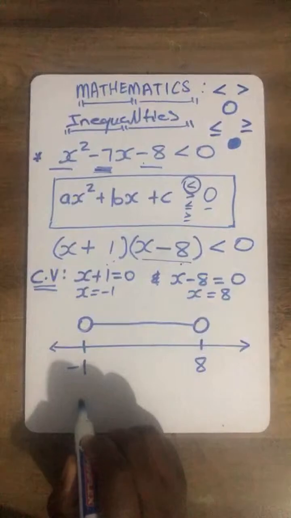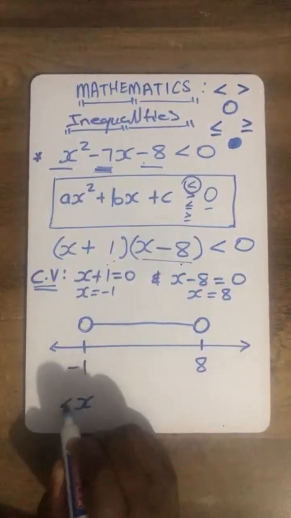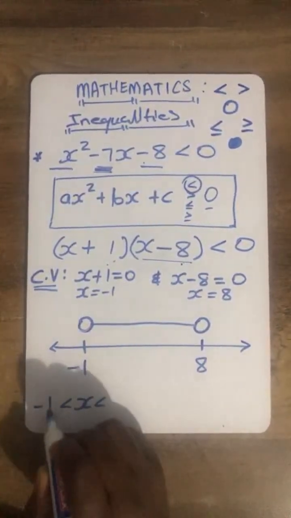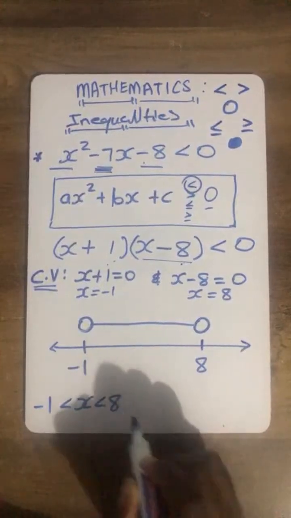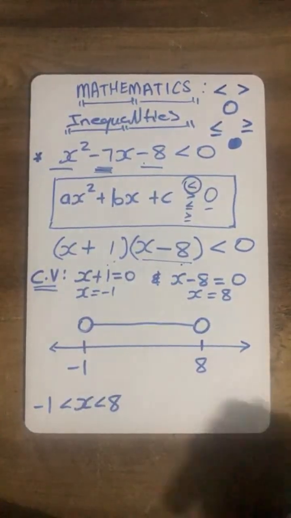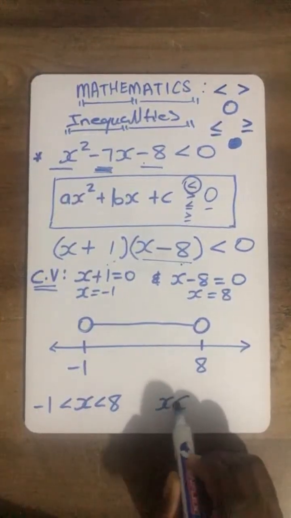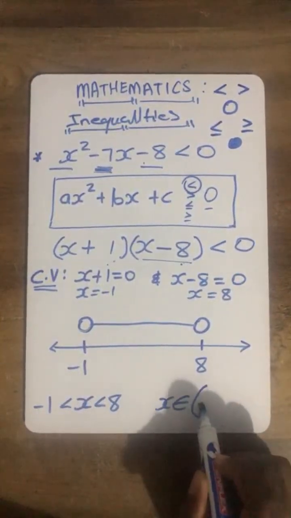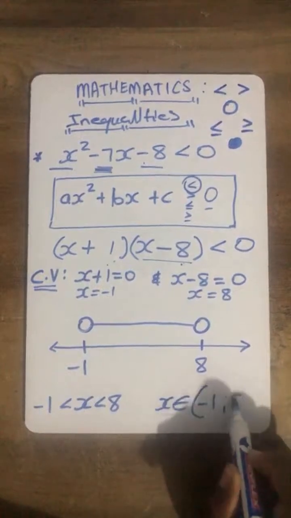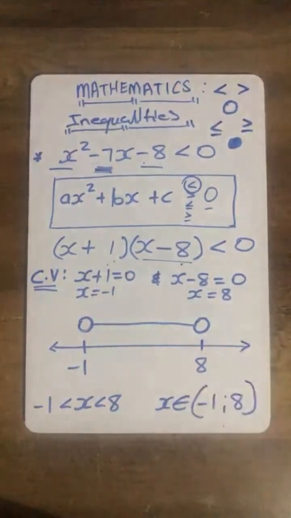You can just say x between -1 and 8. Or the easy way, you can just say x is the element of, and you write those two values. That's how you would work it out, honorable members.